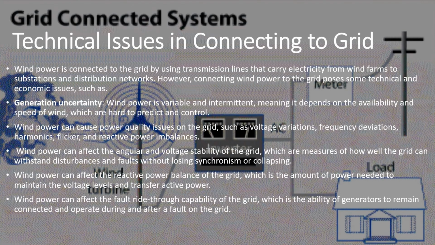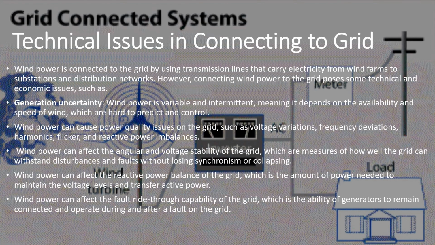Technical issues in connecting to grid. Wind power is connected to the grid by using transmission lines that carry electricity from wind farms to substations and distribution networks. However, connecting wind power to the grid poses some technical and economic issues, such as generation uncertainty.